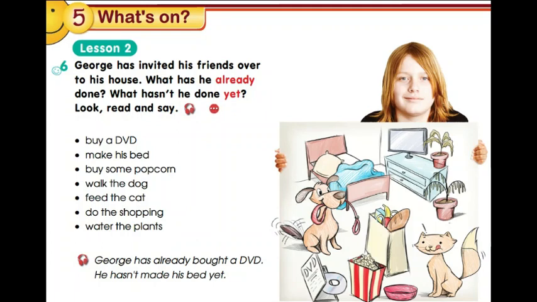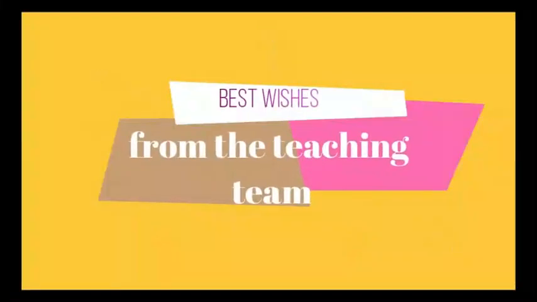So we will read the sentences and look at the picture and say which things he has done and which things he hasn't done. For example, George has already bought a DVD. He hasn't made his bed yet. So we will do the same for the rest of the sentences.